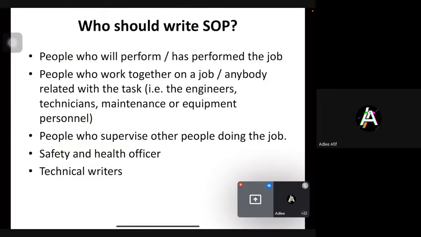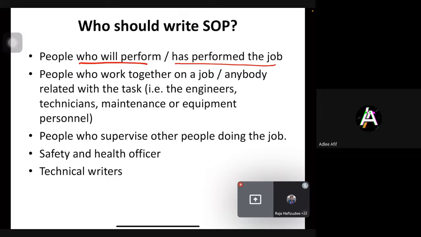All right, who should write SOP? People who will perform or have performed the job. Can you explain to me about this? Who will perform and who has performed the job? Anyone? Class, are you still there?